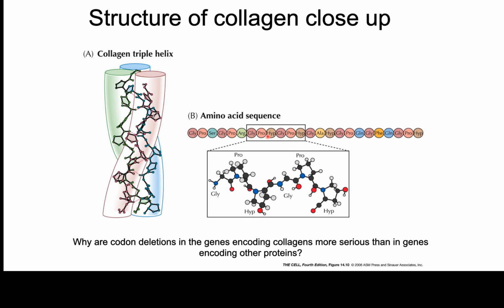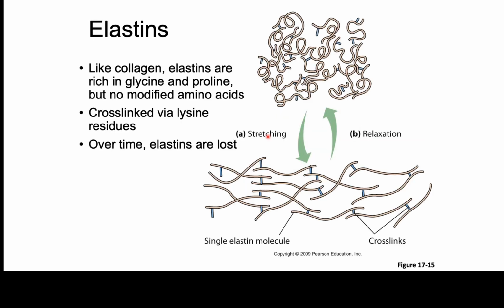Okay, so just thinking about amino acids and structure and why these things are important. Collagens, though there are many, and they're very important, there's also another kind of structural protein. This one provides more elasticity to the cell. These are called elastins, and they can kind of go between different conformations.